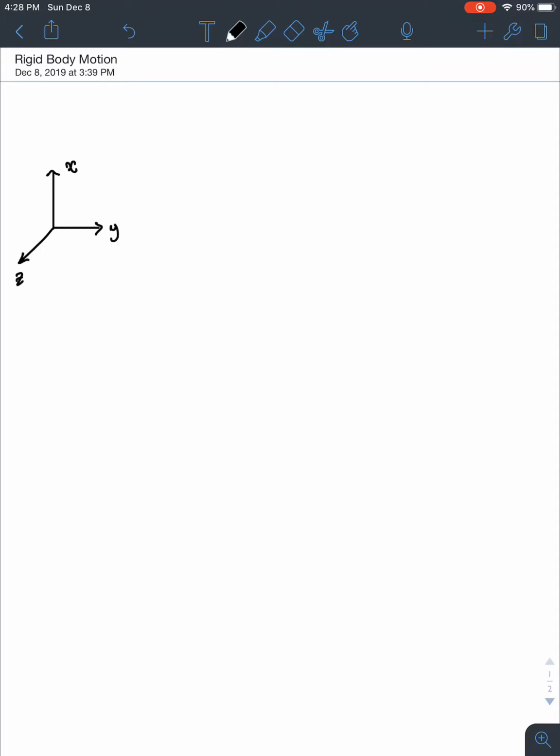Then you have a particle here, and to describe its motion, you draw a position vector from the origin of our world frame to the particle, and call that P of t, and its coordinates would be given by x of t, y of t, z of t, of course t denoting the time. Once you keep track of these three numbers with respect to this coordinate system, you will know where the particle is for all time.